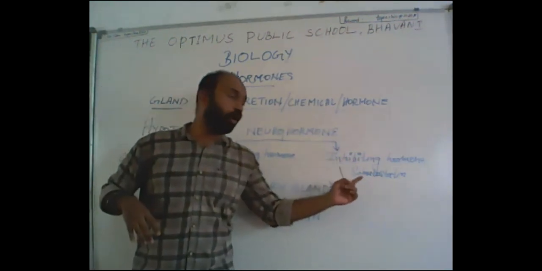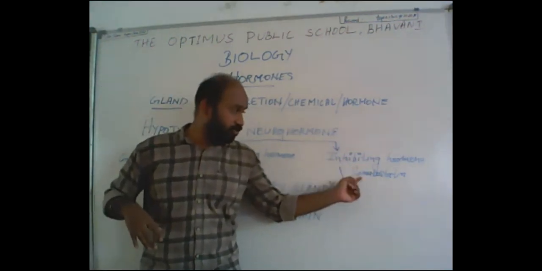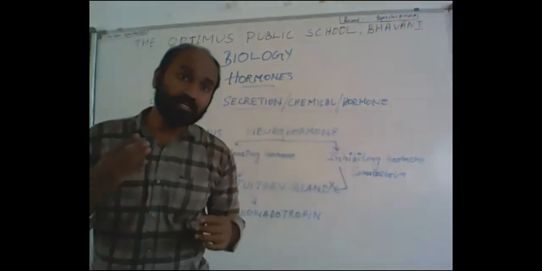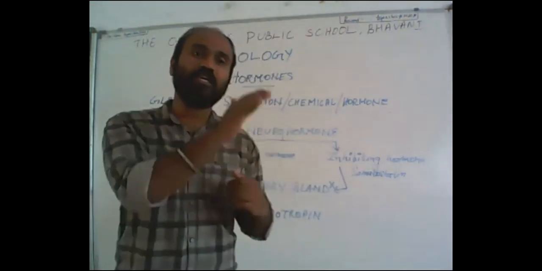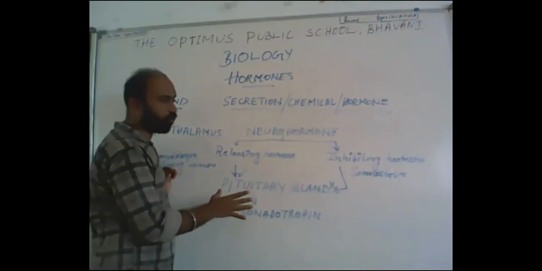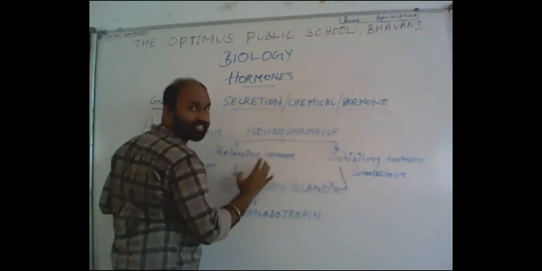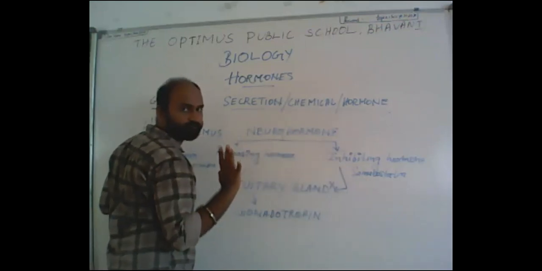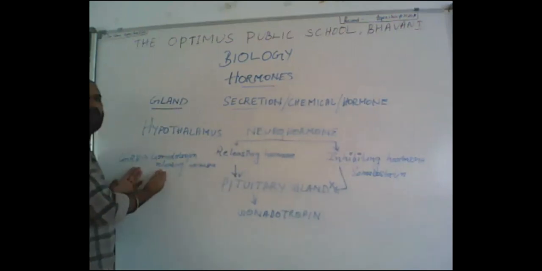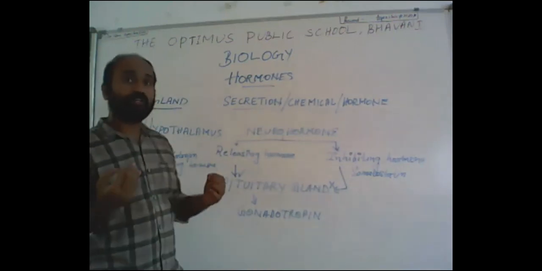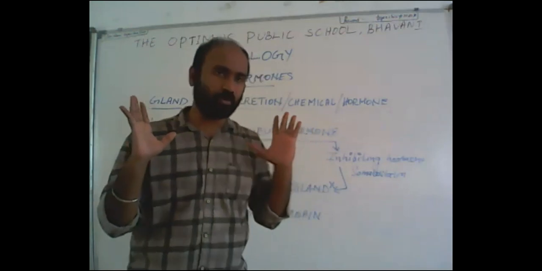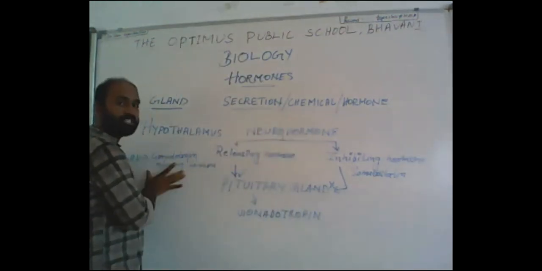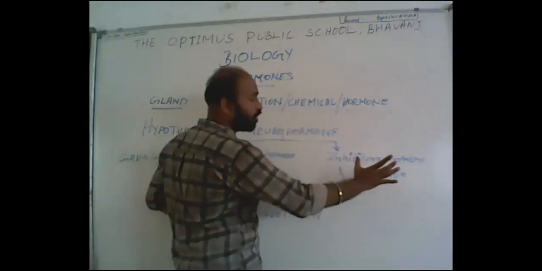An example for inhibiting hormone is somatostatin. Somatostatin inhibits the pituitary gland and stops the release of hormones. If you don't remember the examples, it's fine, but if you mention them in the answer paper, very good. Example for releasing hormone: gonadotrophin releasing hormone.